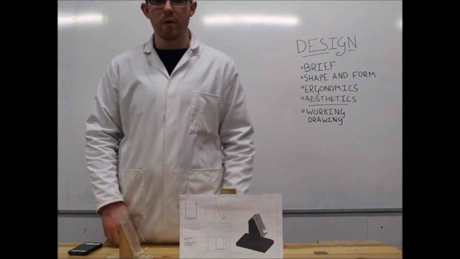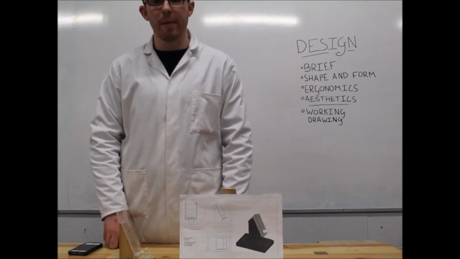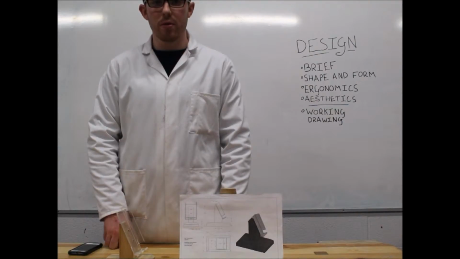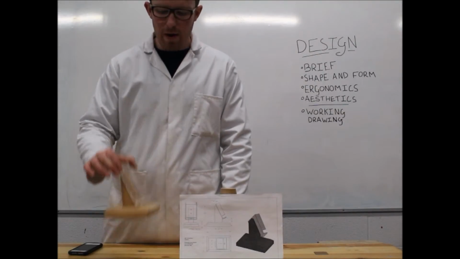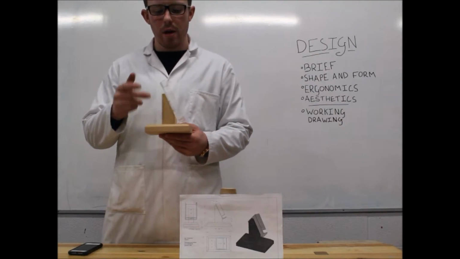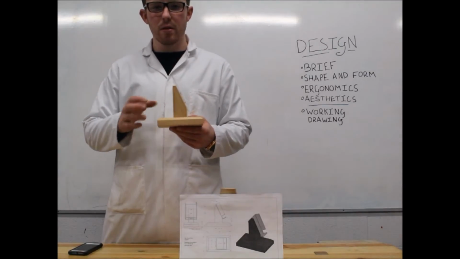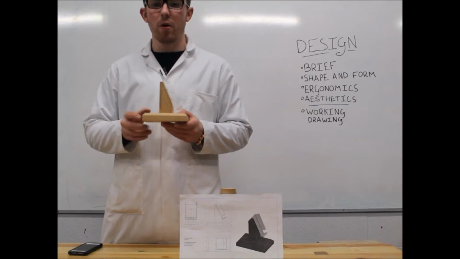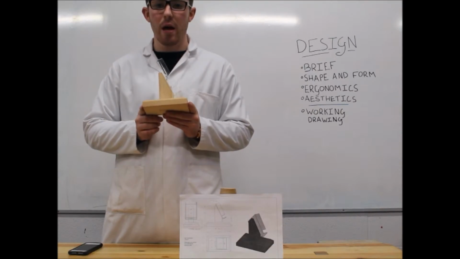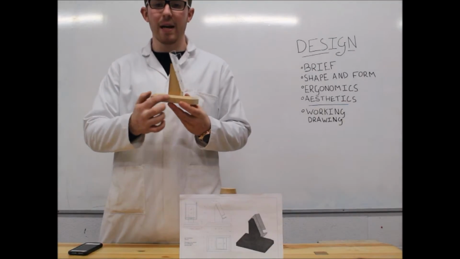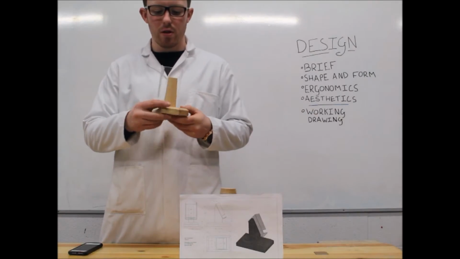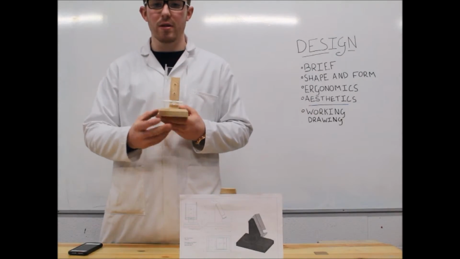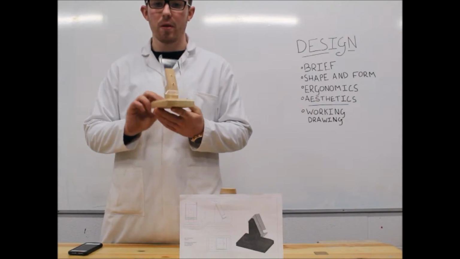On the drawing, we will indicate all the key dimensions that we're going to use for creating our artifact. It will highlight on each piece where every joint is to be located, the overall dimensions, and where there's going to be any decorative features, such as the chamfers you can see here.